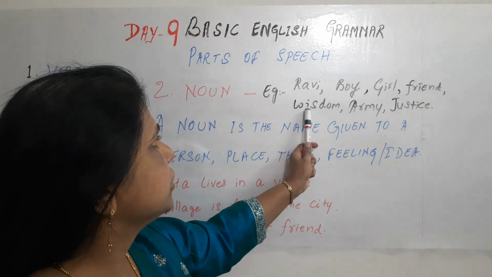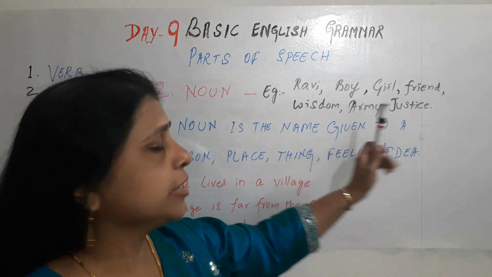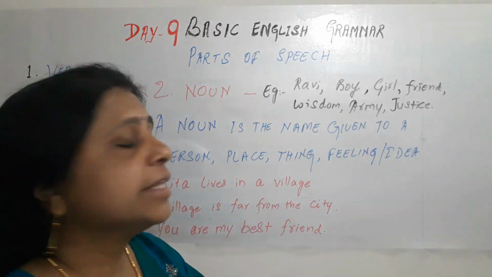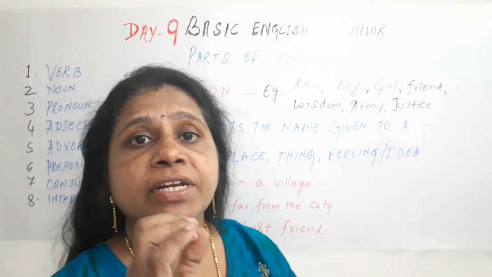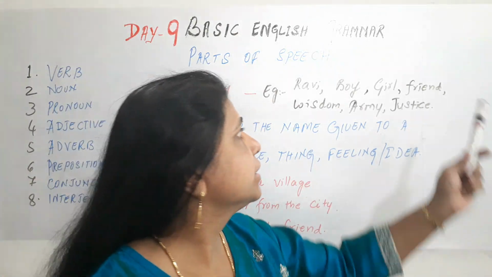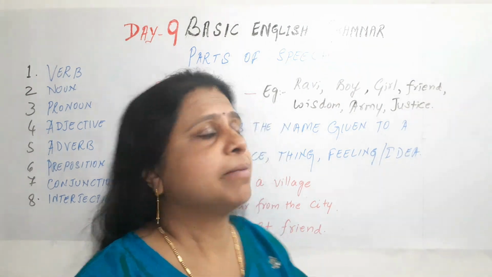That is wisdom or justice. Even the army, a group of soldiers, we have given a name. That's why it is called a noun. Friend. He is my friend. So that is also a name.